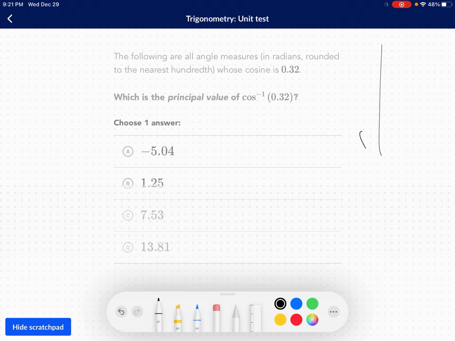What's the principal value of that? Okay, so for cosine, it's limited to the first and second quadrants, I believe. Okay, it's limited to the first and second quadrants over here.